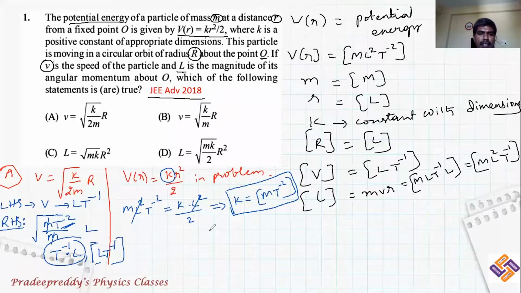So which option is correct? First option is correct. V is equal to under root K by 2m into R. Okay, so this is how you can write down the dimensions and check the correct equation. Which of the following statements are true? So first one is true. See, this is a multiple correct answer question.